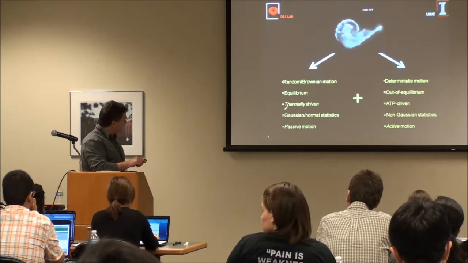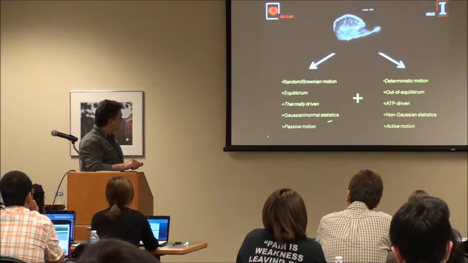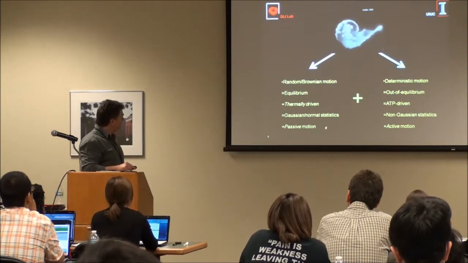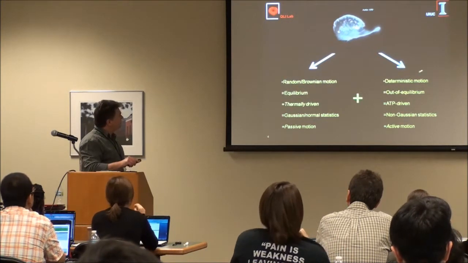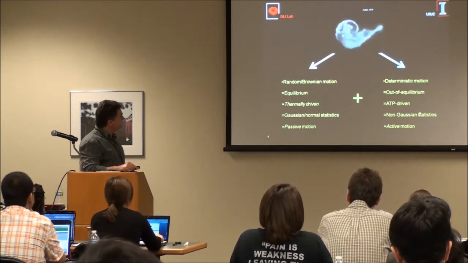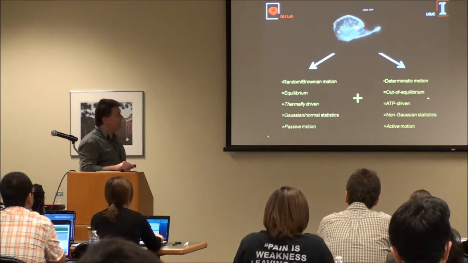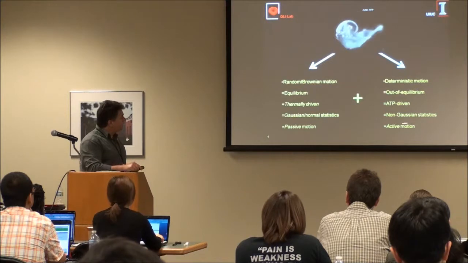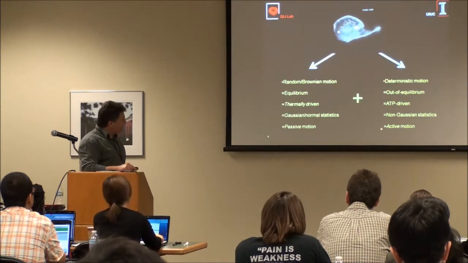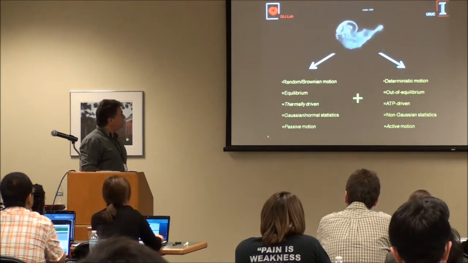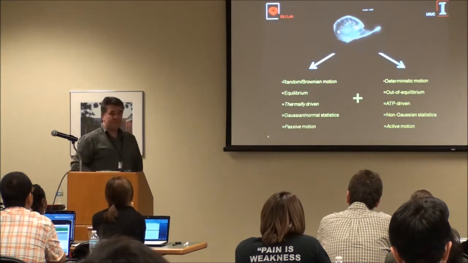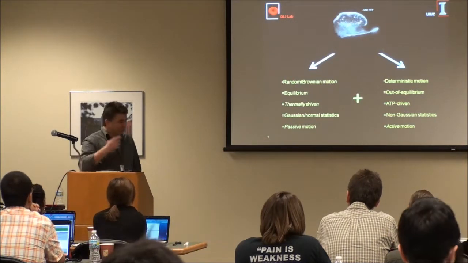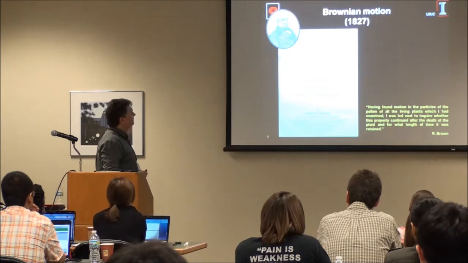The statistics is usually normally distributed, or passive motions. On the other hand, we have deterministic motions or out of equilibrium, ATP-driven, usually non-Gaussian statistics, and we call that also active motion. So all these are synonyms in case you read about them or you hear about them.